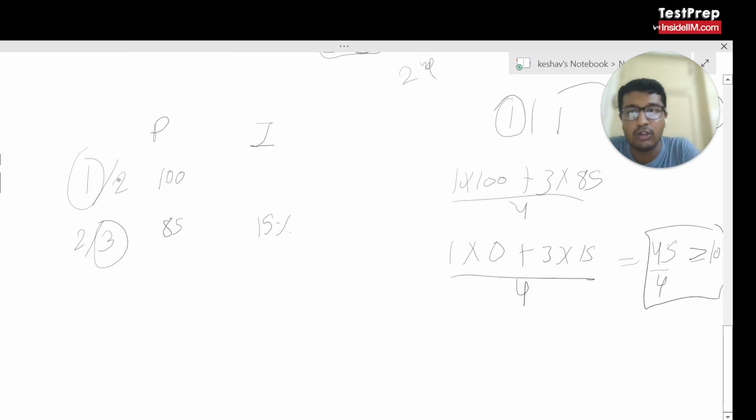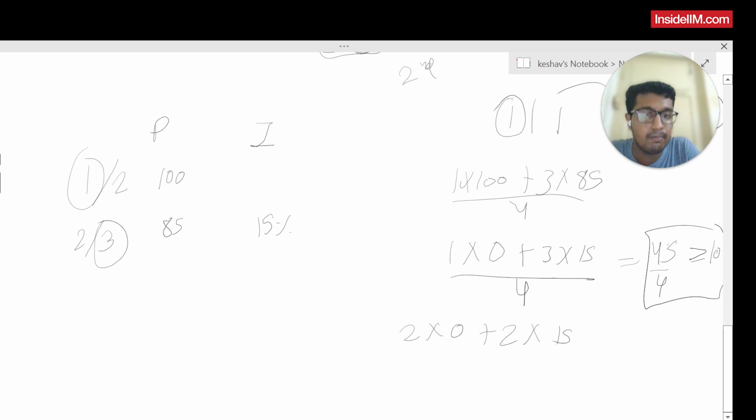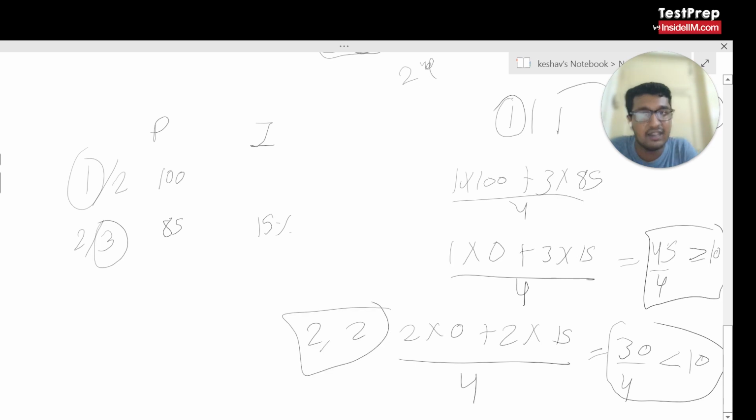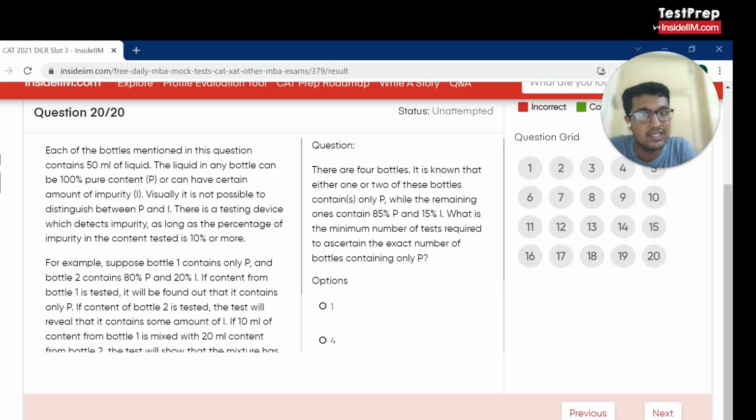Now if there are two bottles of pure, what will be my impurity content? 2 times 0 plus 2 times 15, divided by 4, which is 30 by 4. Can you see it is less than 10? So if I tested this with equal quantities, my test would show a pure answer. And I know there's either one bottle or two bottles of pure.